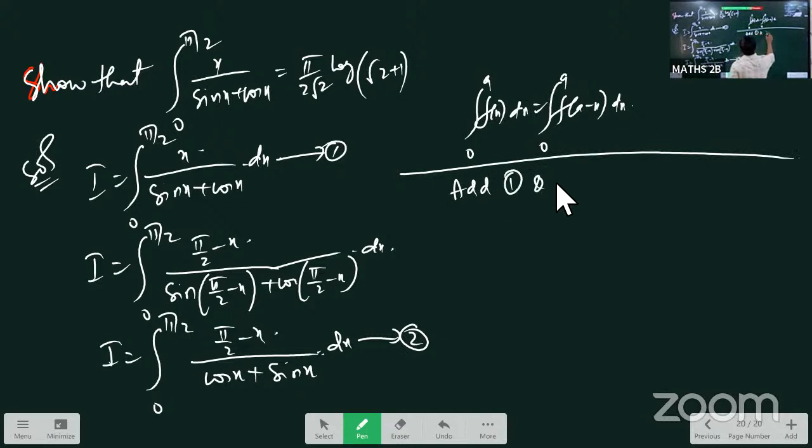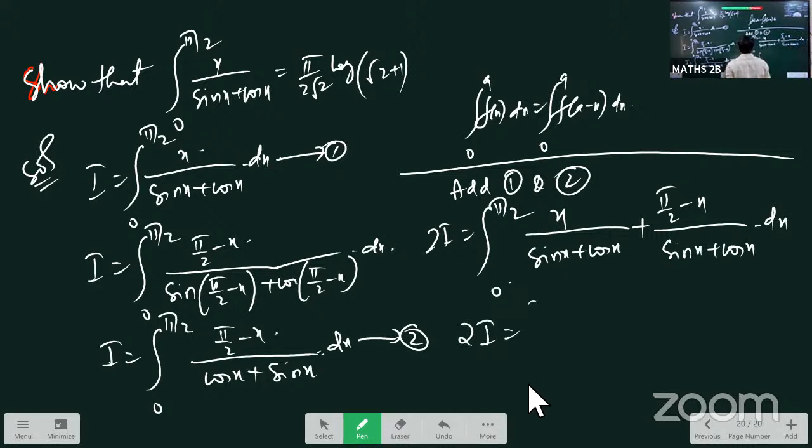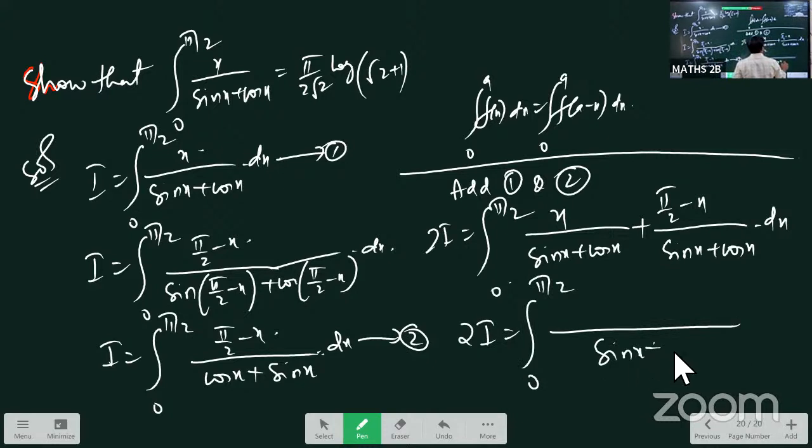Now add 1 and 2. That is 2I is equal to the integral from 0 to pi by 2 of x by sin x plus cos x plus pi by 2 minus x by sin x plus cos x dx. It's the integral from 0 to pi by 2 of x plus pi by 2 minus x over sin x plus cos x dx.